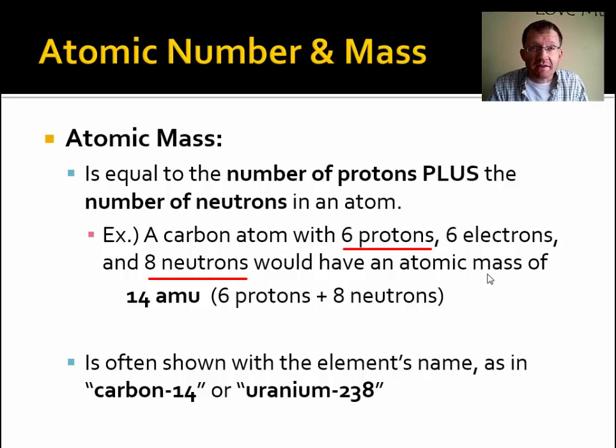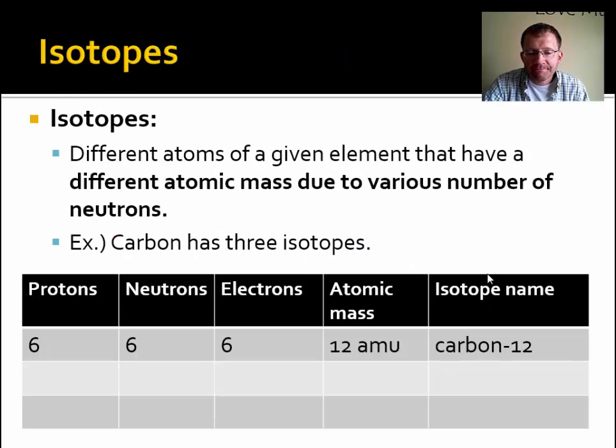Uranium is one of those heaviest. In fact, the heaviest naturally occurring element around is uranium. So as we look at an element, we add together protons plus neutrons for any atom at all, and we can come up with its atomic mass and write it just like that. The name of the element, dash, the mass in AMUs: carbon-14, uranium-238, and so on.